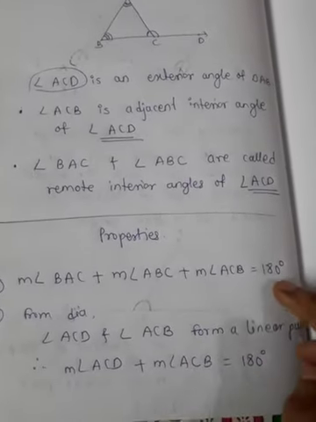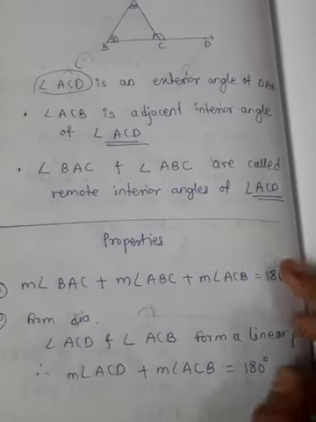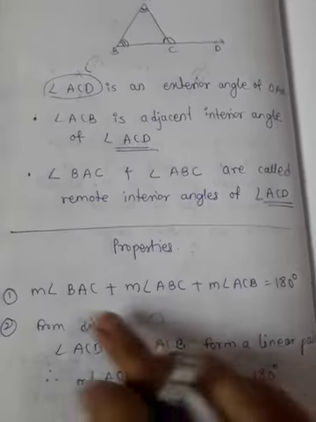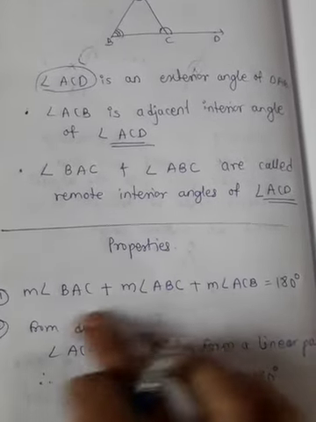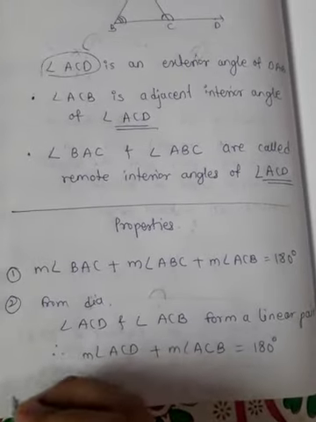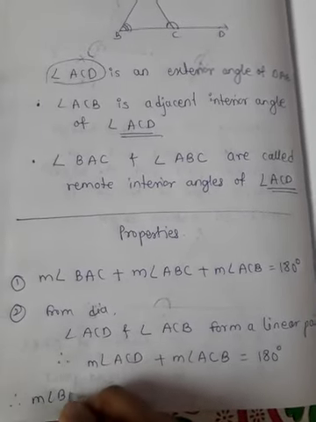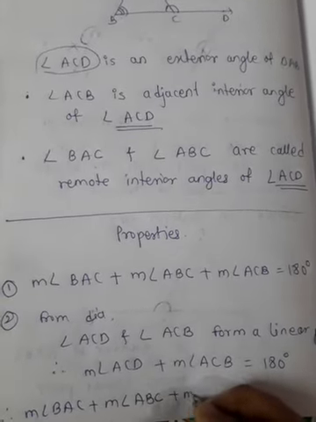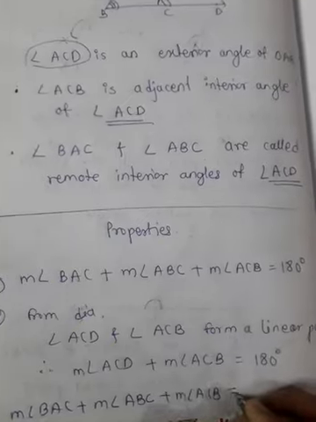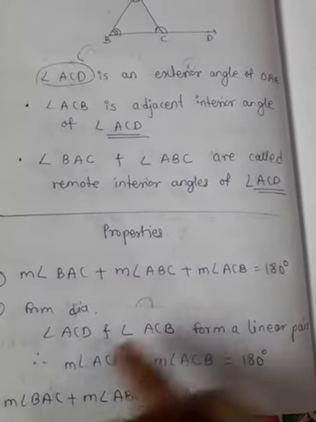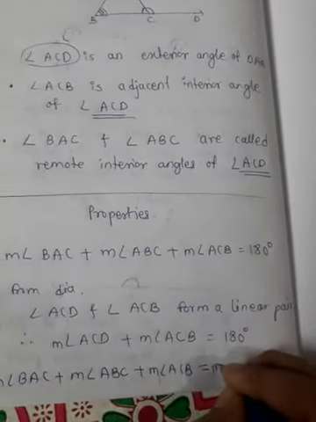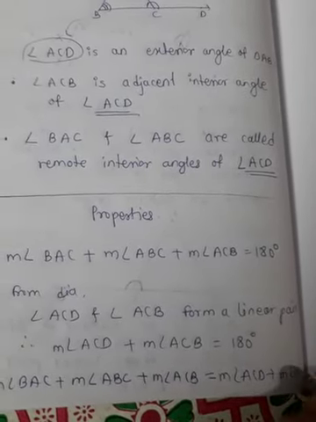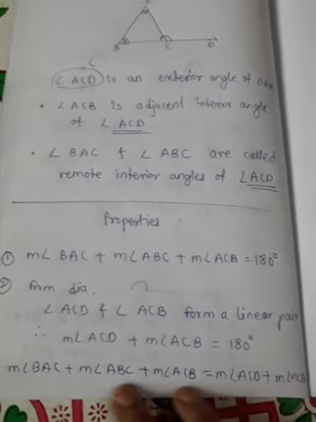Now see here, the RHS of these two equations are the same, 180. So therefore their LHS are also the same. So the measure of angle BAC plus the measure of angle ABC plus the measure of angle ACB is equal to the measure of angle ACD plus the measure of angle ACB.